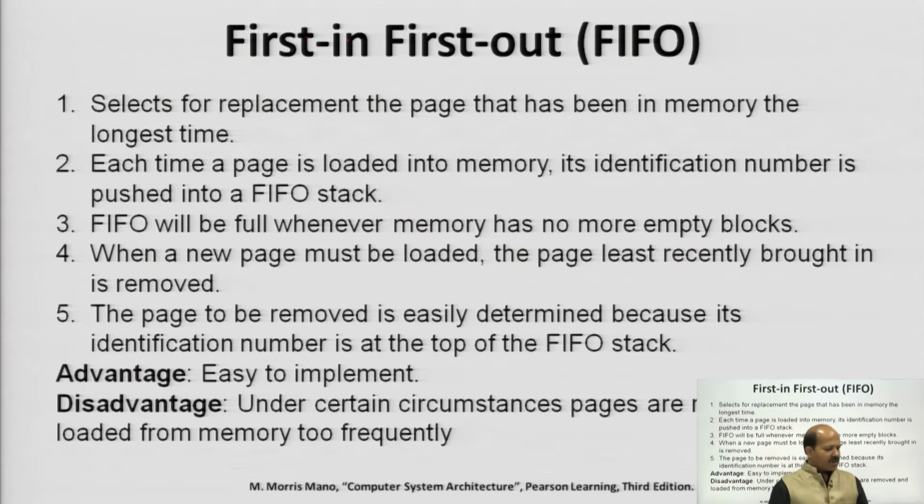This is a very important step. We have to find the least recently brought in page, and that has to be replaced if a page fault occurs. The page to be removed is easily determined because its identification number is at the top location of the stack, or you can say it arrived first in the queue. So, that has to be removed.